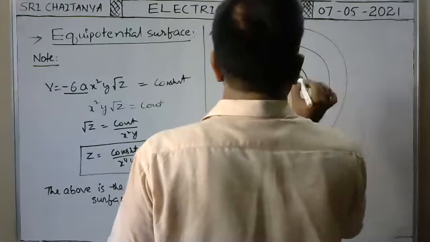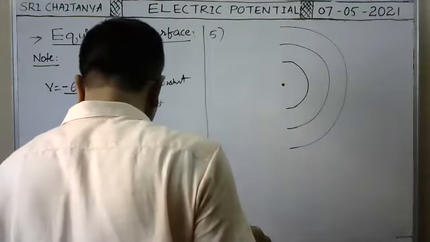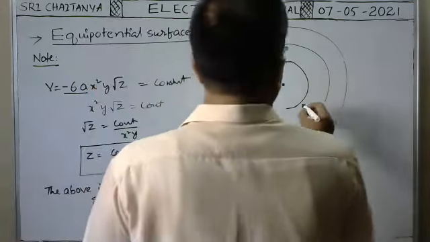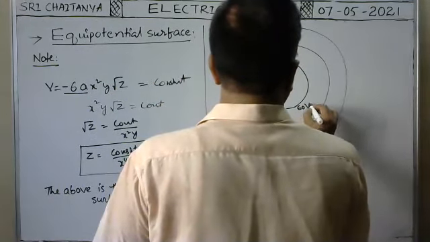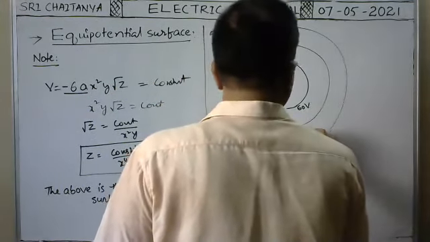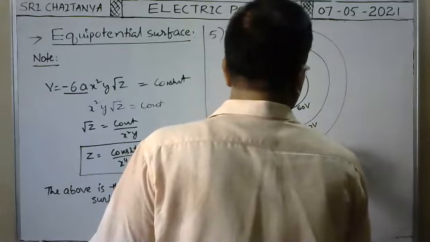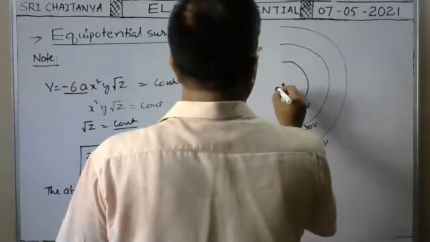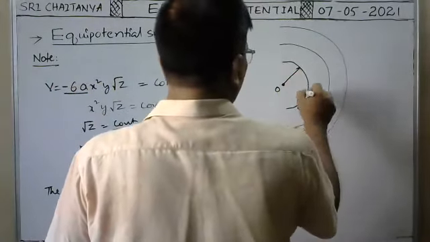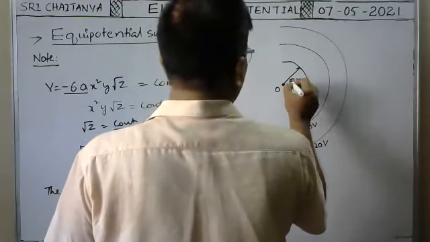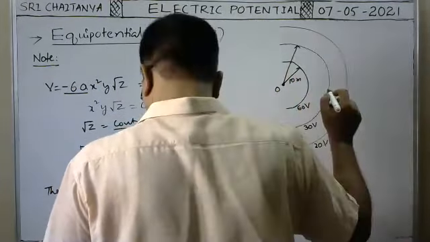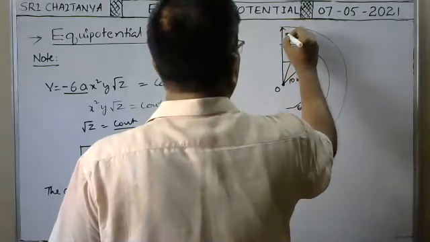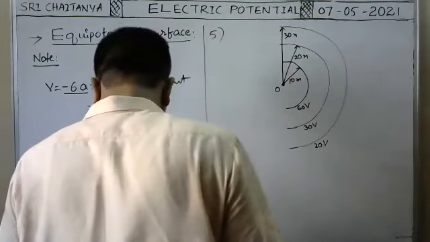This is the center. Here this equipotential surface is at a potential 60 volt. It is at 30 volt. It is at 20 volt. That is given. And here the center is O. Radius of this equipotential sphere is 10 meter. This is 20 meter. This is 30 meter. These are given like this.